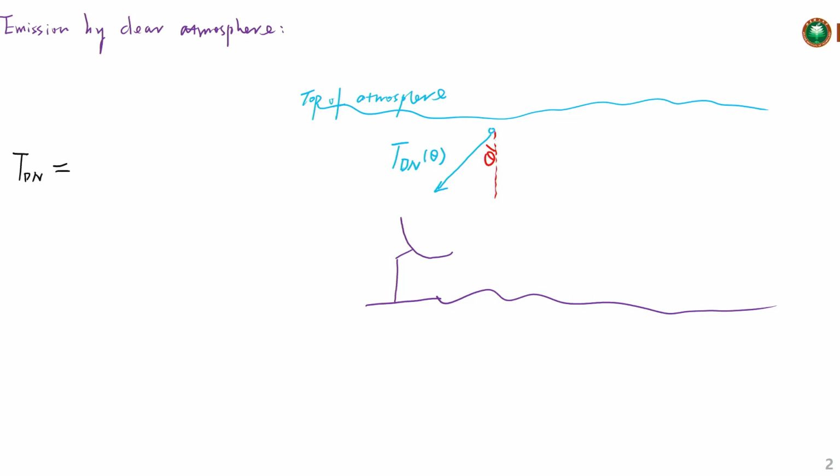As we mentioned previously, it is related to the absorption coefficient of the atmosphere for electromagnetic waves, and also to the physical temperature of the atmosphere, and to the zenith opacity, so e to the minus tau-naught, and considering the oblique or zenith angle, we have sec theta.